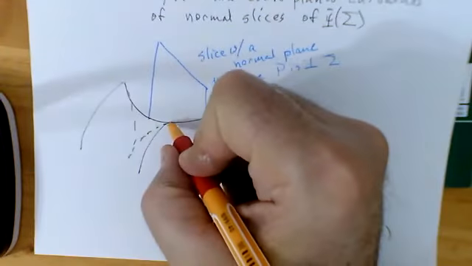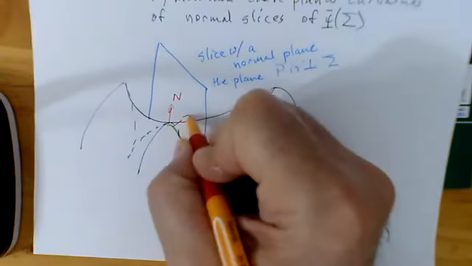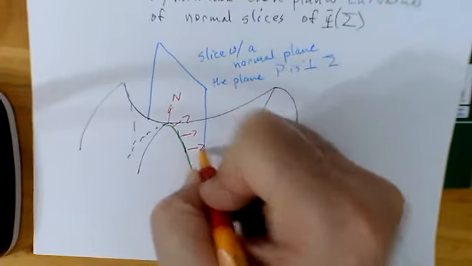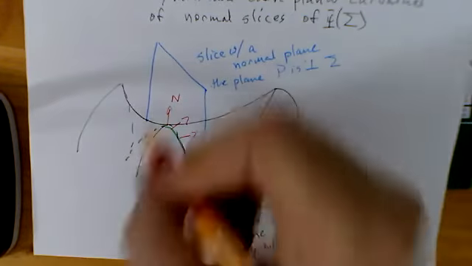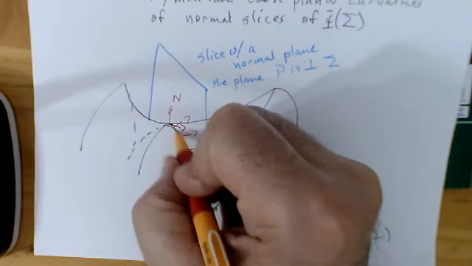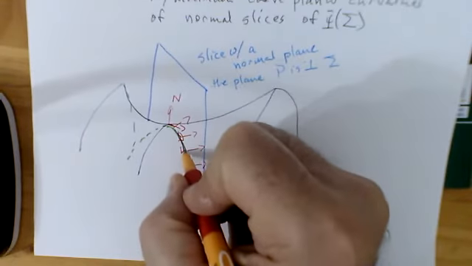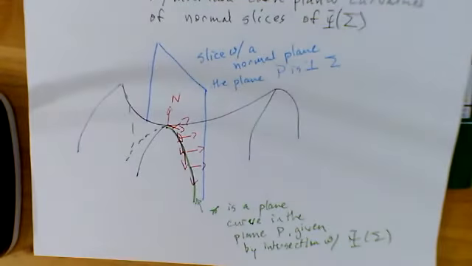I will, of course, also have a normal; this curve will also have a tangent. I see that the normal and the tangent are always at right angles within this plane.